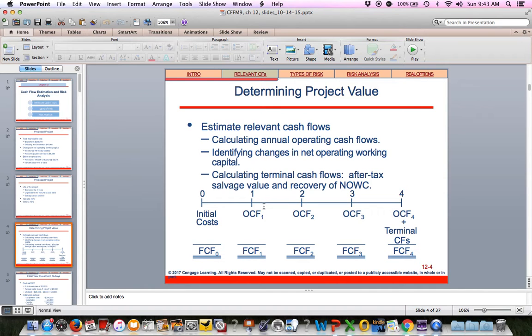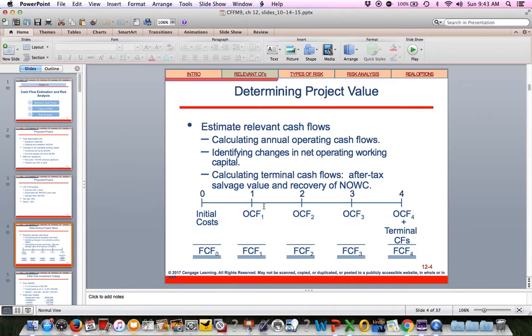So we calculate the annual operating cash flows, we identify changes in net operating working capital, and we calculate the terminal value. So terminal value is at the end of the project. This is a 4-year project. What is the after-tax salvage value and recovery of net operating working capital?